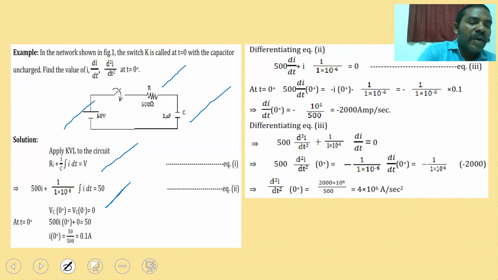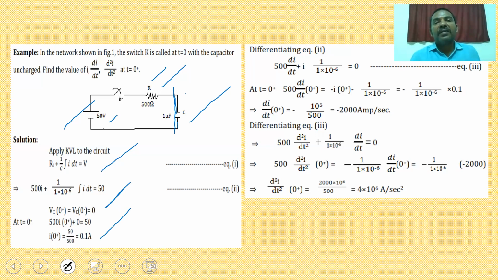So now what is the initial current you can get? At t equal to 0 plus the capacitor is short circuited, so only the voltage source and resistor are present. The initial current is 50 divided by R. 50 is the supply voltage, divided by the R value 500. Then you can get 0.1 amperes.